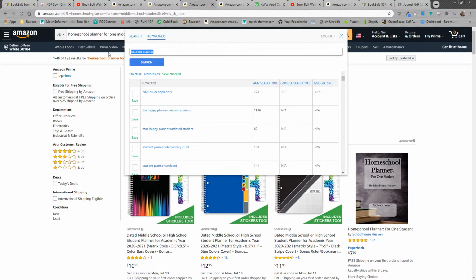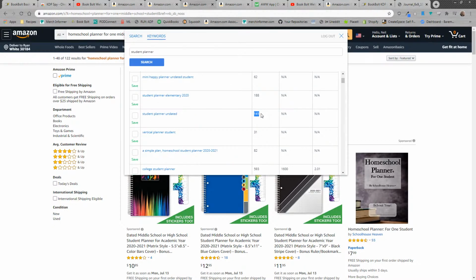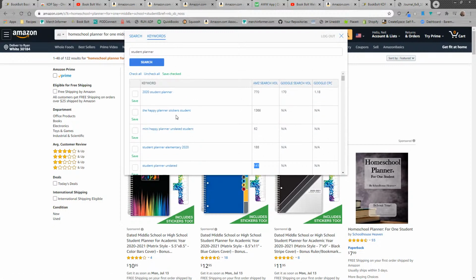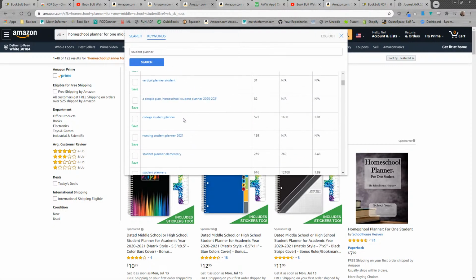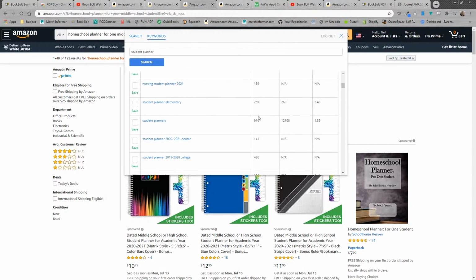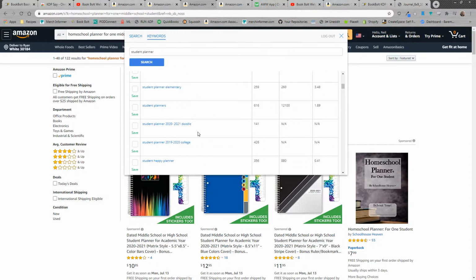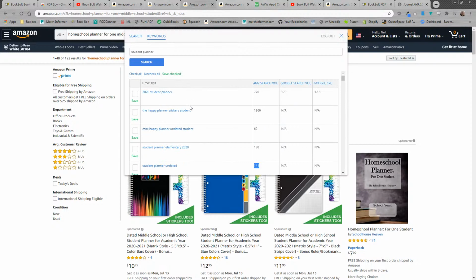So we're looking at student planners here, okay? Student planners undated. It gets 141 searches a month. So this tells you that you could look at this keyword. Okay, it doesn't get that many searches, but it gets enough where you can rank it and start getting sales for it. College student planner. There's a lot of low competition stuff in here. Student planners, okay? Where's that one that I saw for homeschool?